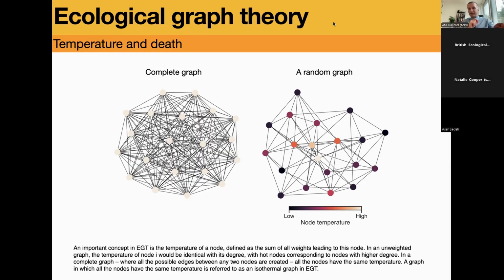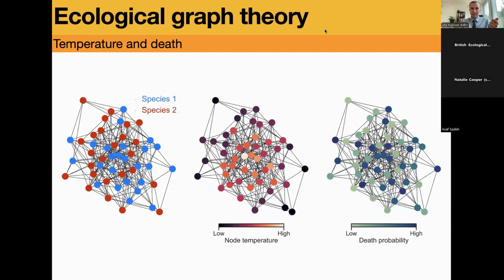The connectivity-based death probability, as defined in the ecological graph theory, is not merely a function of the temperature of a node itself, but the composition. To make it more clear, here is a random graph where you have two different species distributed across the graph. Again, each node represents an individual belonging to either of the species.